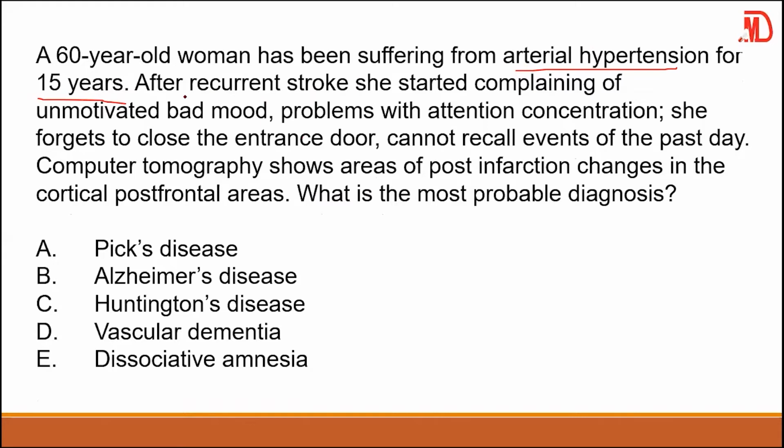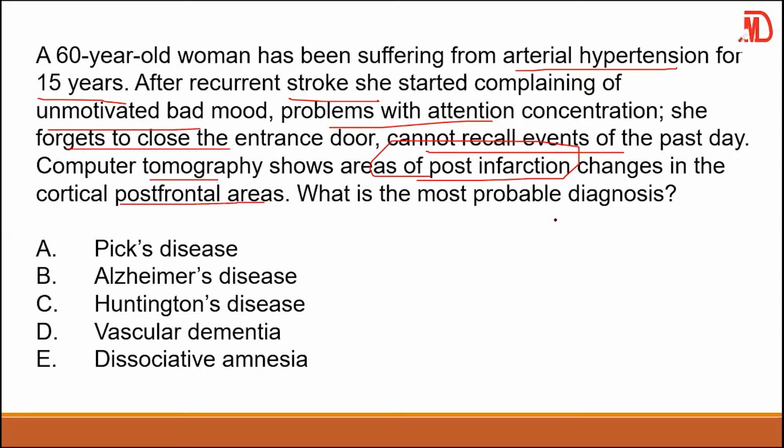Now, after recurrent stroke, she had started complaining of unmotivated bad mood, problems with attention, concentration. She forgets to close the entrance door, cannot recall events of the past. Computer tomography shows an area of post-infarction necrosis. Post-infarction changes in the cortical postfrontal areas.